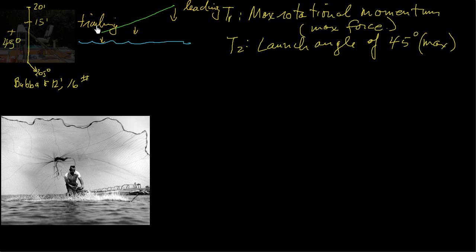This trailing edge will hit the water first and stop its forward progress. However, the rest of the net will continue forward on its momentum and hang time, allowing the net to continue to open until it hits the water. So, if you look at this photo here, this is what the fish sees. Looking at it this way, this would be the trailing edge of the net, equivalent to this point right here.